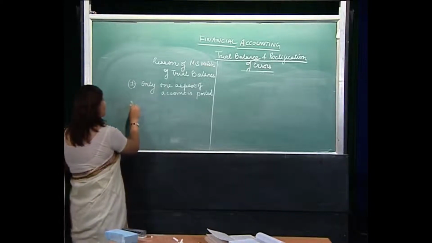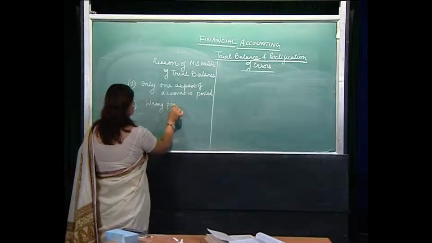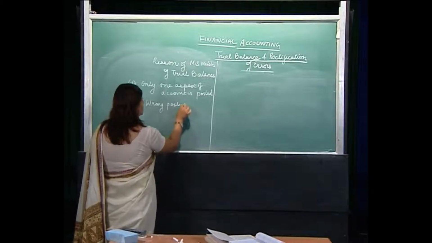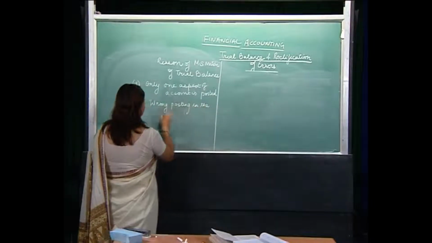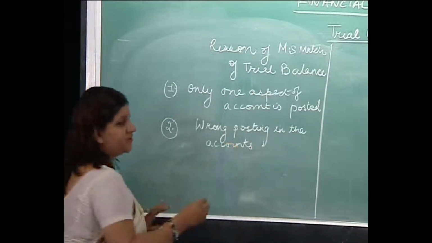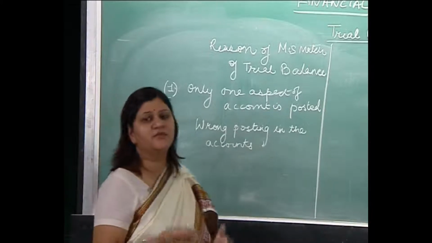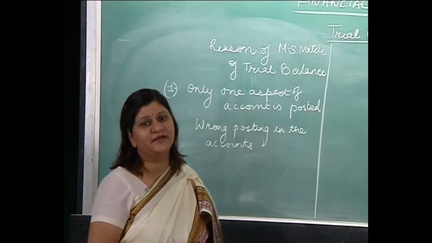Now the second one is that wrong posting is made in the accounts. Instead of debit, we have done the posting on the credit side, so it will show the error, and that too with the double amount.